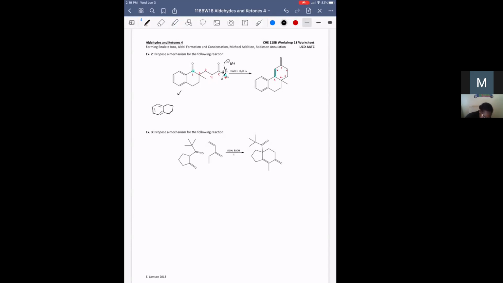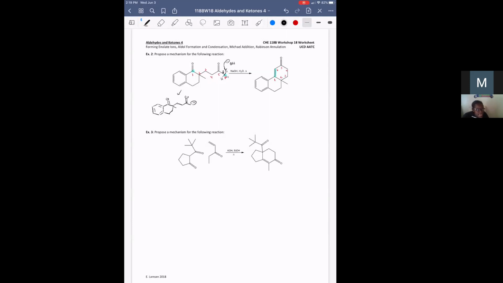So we still have our bicyclic ring that contains a carbonyl. And now we have a negative charge on our terminal methyl group.